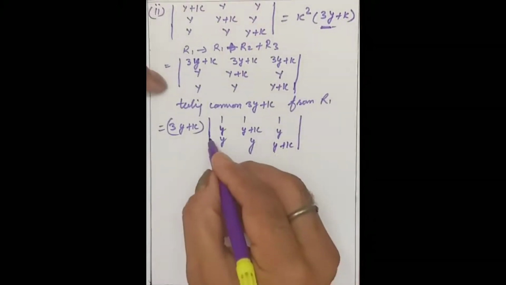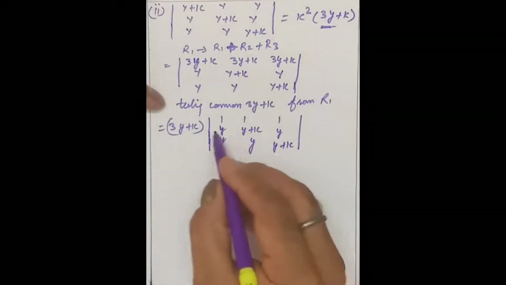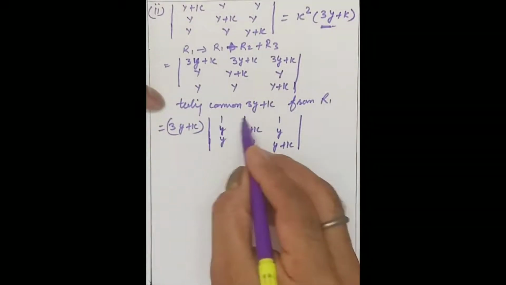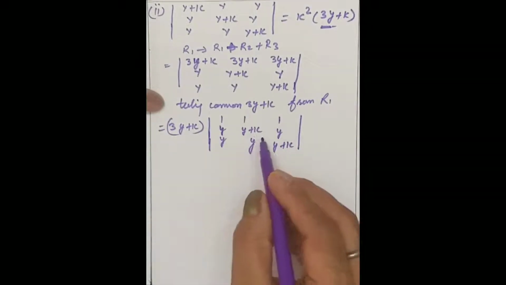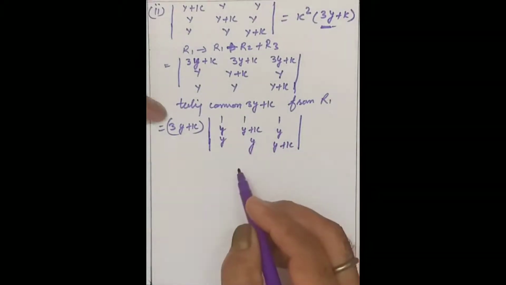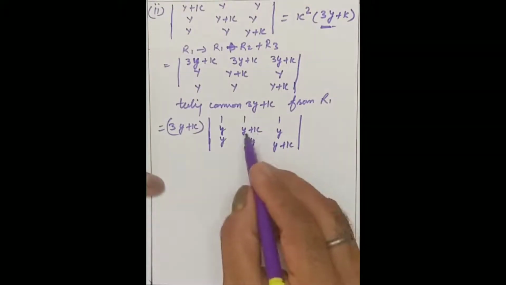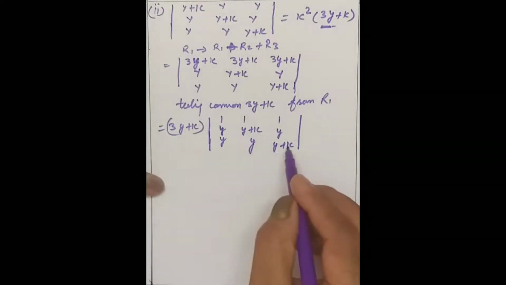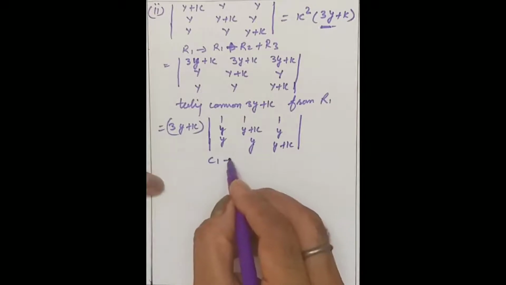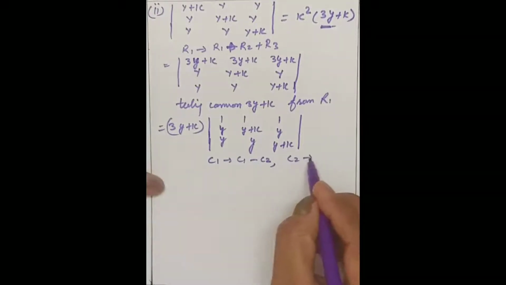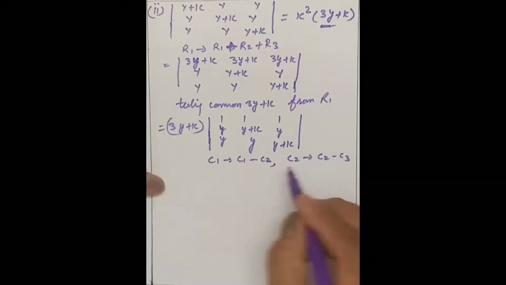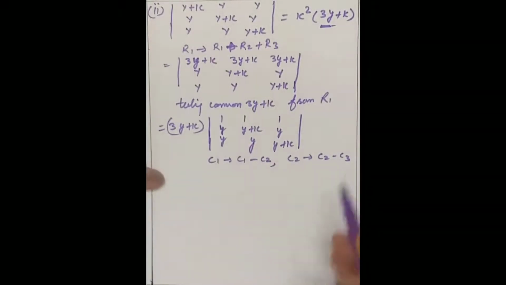Now same thing, 1 can be made 0, 1 can be made 0, y will be 0, and here let us see what will happen. Simplification will be there, y minus y 0, y minus y also will be 0, k will remain. So C1 will change with the help of C1 minus C2, and C2 will change with the help of C2 minus C3. So look at here, some of the operations are common everywhere.